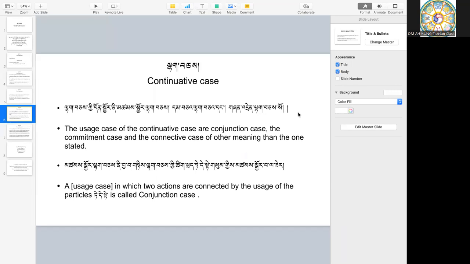The first action is the burning of the fire. The second action is the accumulation of heat. So both of these are understood as actions, but one is the cause of the other. The accumulation of heat is because of the burning of fire.